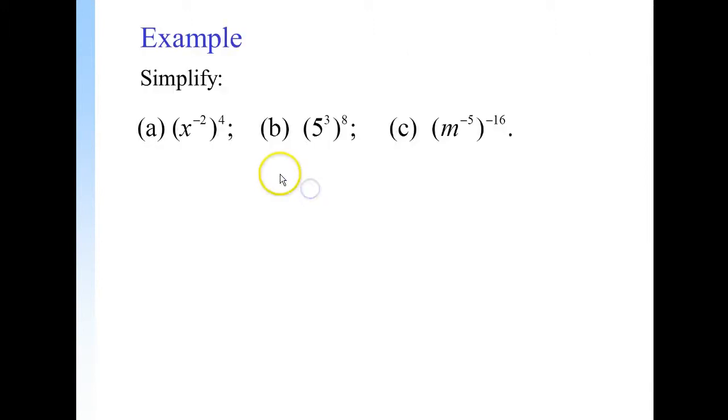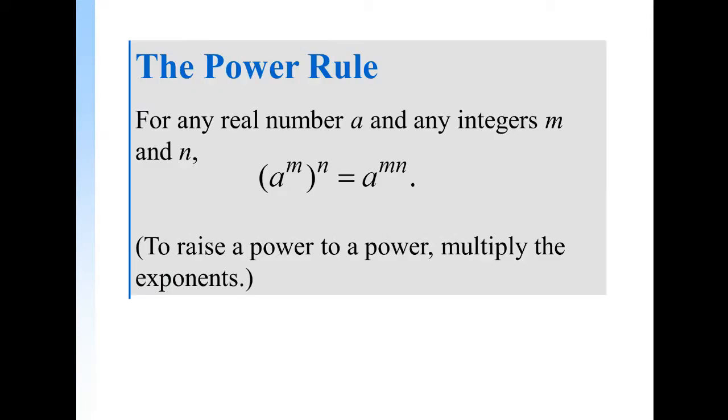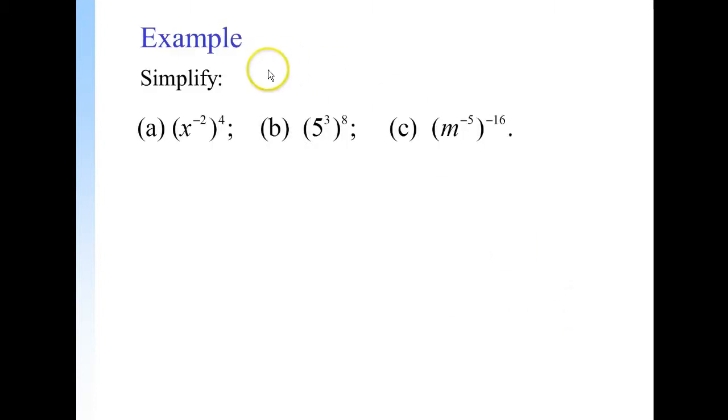So this would be something inside the parenthesis. I accidentally went forward on there. There we go. When you have something inside a parenthesis and then an exponent outside, to get a result, you multiply the exponents. And that's what they're showing you here. Raising a power to a power. Let's look at some examples.